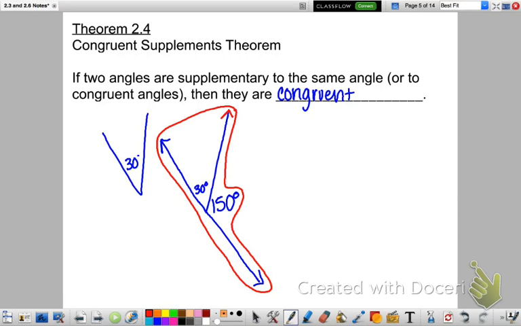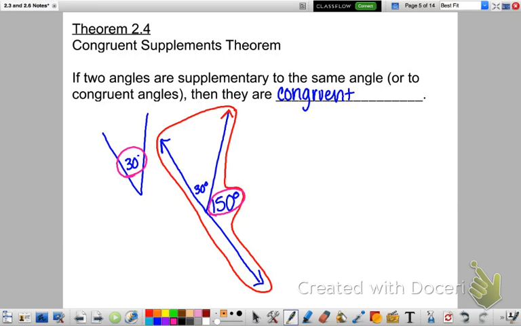These two angles that I have circled are supplementary. When we add them together, they're 180 degrees. Well, if we then add our 150 degree angle to this 30 degree angle, they will also be supplementary, or add up to equal 180 degrees.